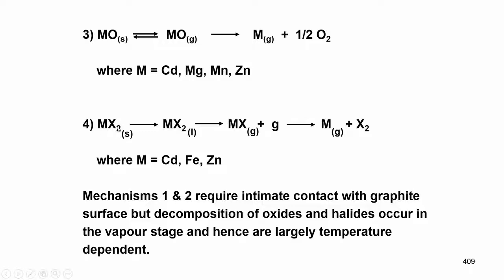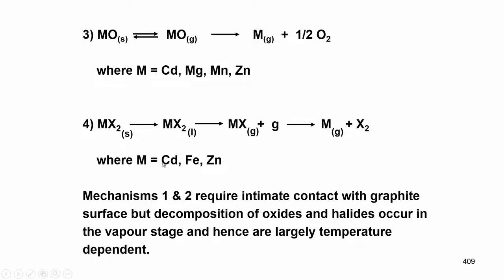What I have is MX2, that is calcium chloride, magnesium chloride, copper chloride, CuCl2, like that, and that remains a solid when I finish the pre-treatment temperature of about 800 degrees, and then that solid will melt forming MX2 liquid, and then it gets converted to MX gas, and then later on it will get reduced to metal, and then that is X2. Okay.